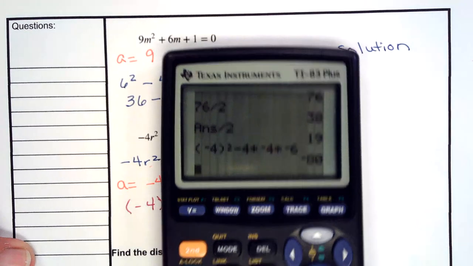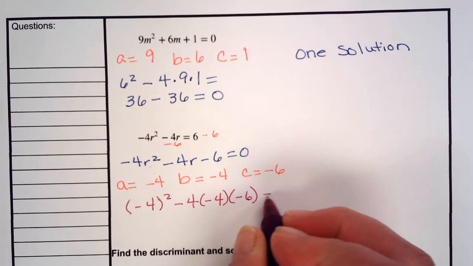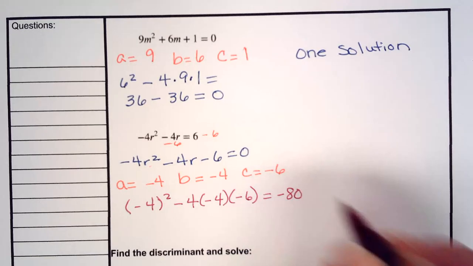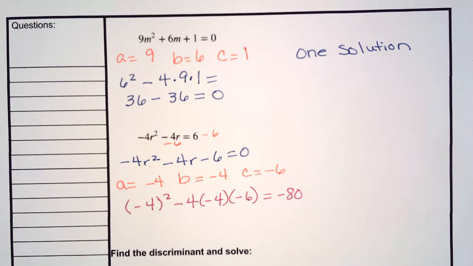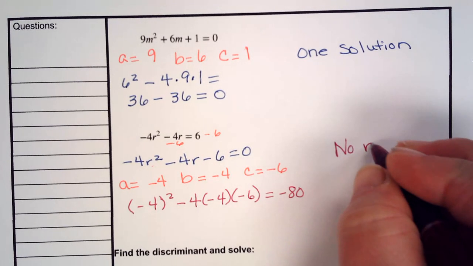I've got a negative 80. So, do we know how to take the square root of a negative number? No. So this one has no real solution.